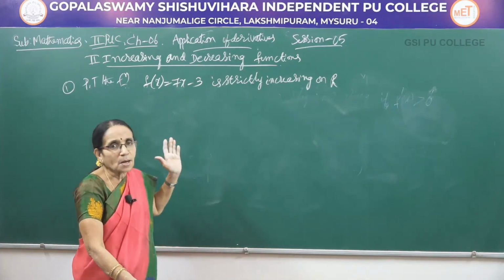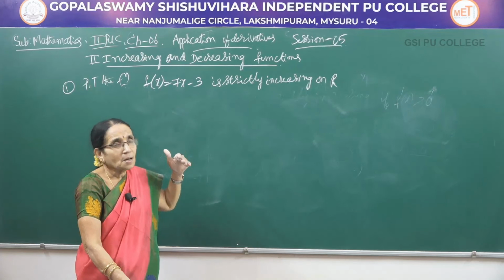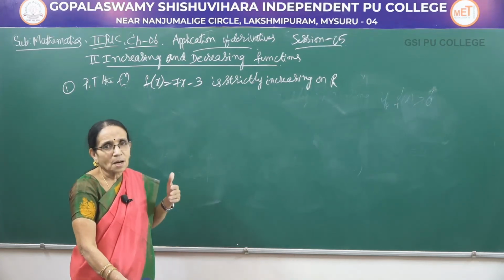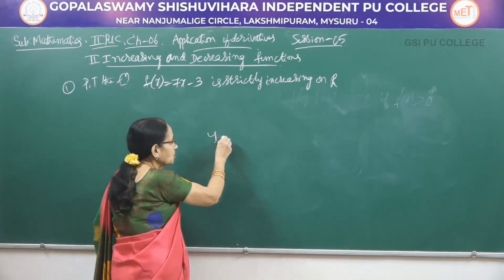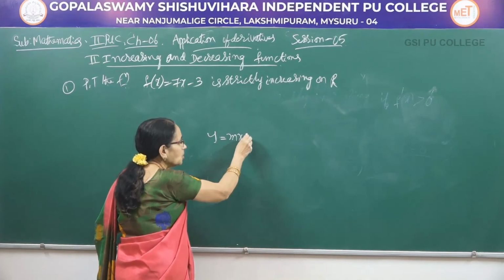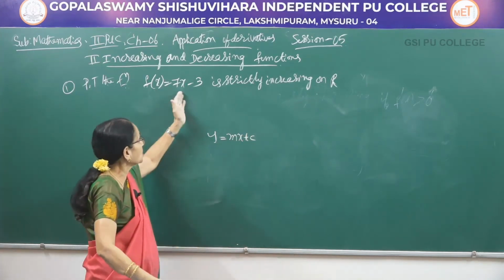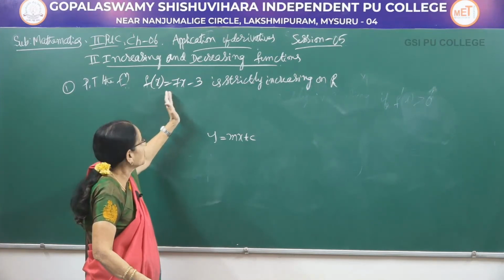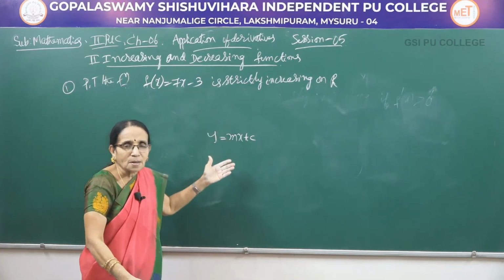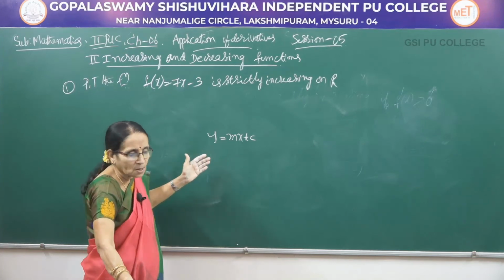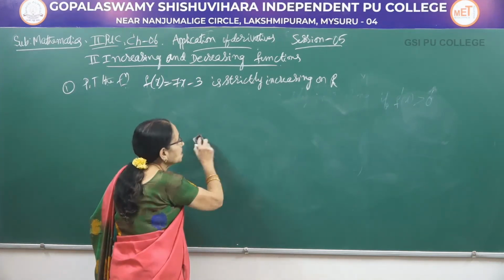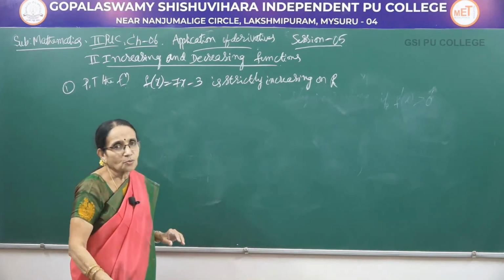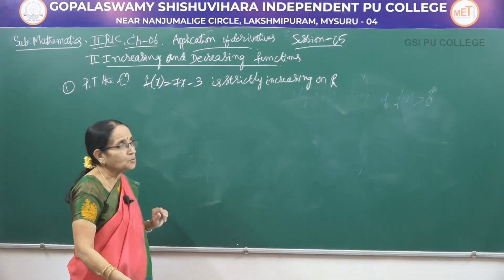Actually, when you draw the graph of this one, it is a straight line. In high school you may remember this one, even in first PUC we have taught you y equal to mx plus c. It is of that form only, no? Instead of f of x, suppose I write y equal to mx plus c, it is nothing but a straight line, okay? So it is a continuous function.